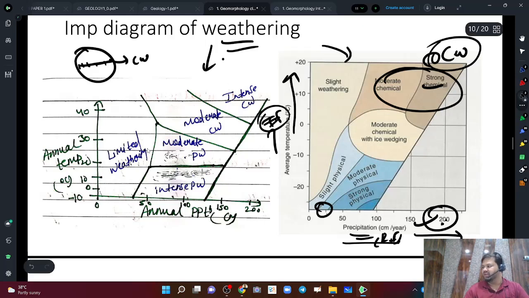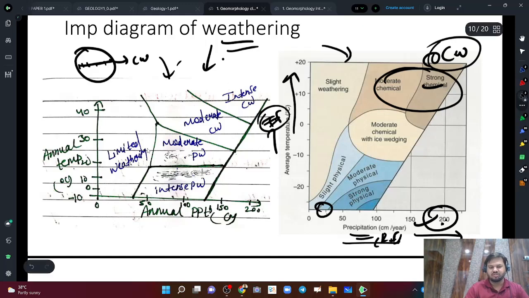Low temperature means cold areas, but they also have low precipitation. So these are basically cold deserts, right? These are subpolar areas. In polar areas, there is a lot of rainfall in the form of snowfall. So subpolar areas basically, right? So you don't have to go into detail, but remember it this much.